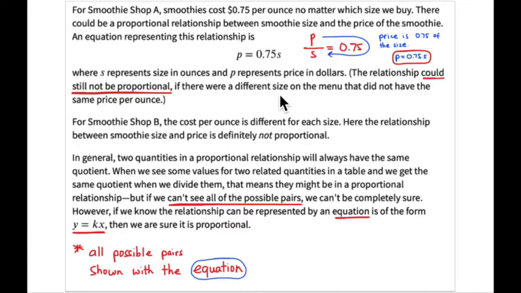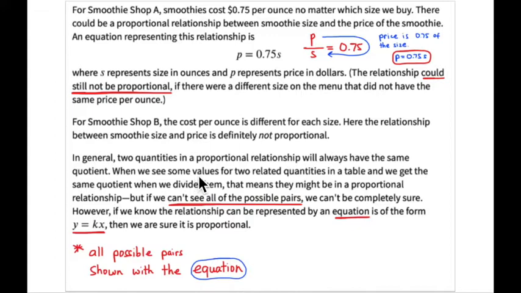Or let's say that if you buy just a single ounce, you have to pay $1 for that. So they have a minimum price because they still have to cover the cost of the container if they're selling you smoothies. And for Smoothie Shop B, there is no constant of proportionality, so it is not a proportional relationship.